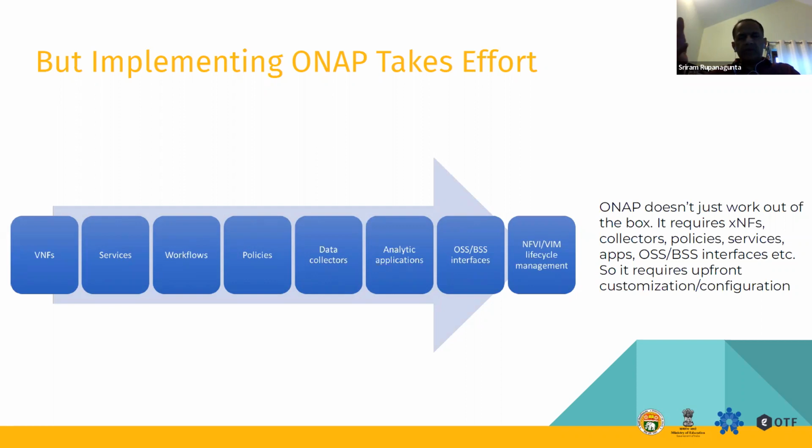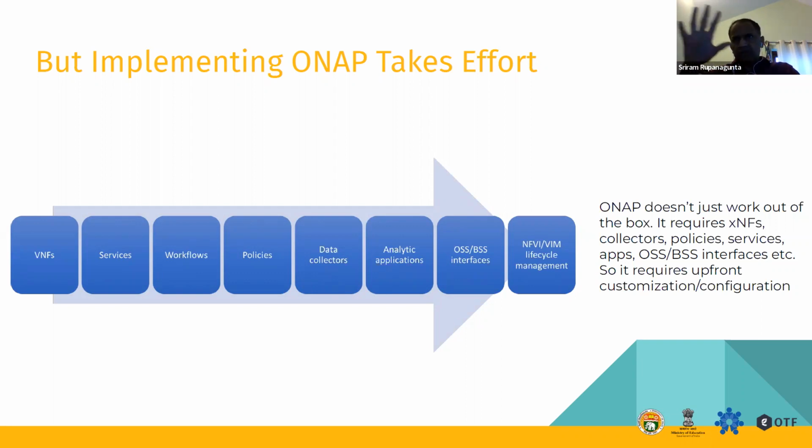And some of them already exist in ONAP, so you don't have to develop everything from scratch. But if you want to change them, for example, you want to create a new service which is currently not there in ONAP, you have to create that.